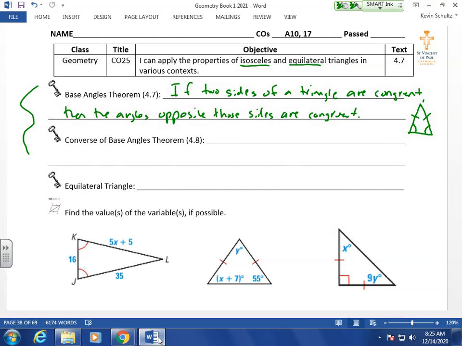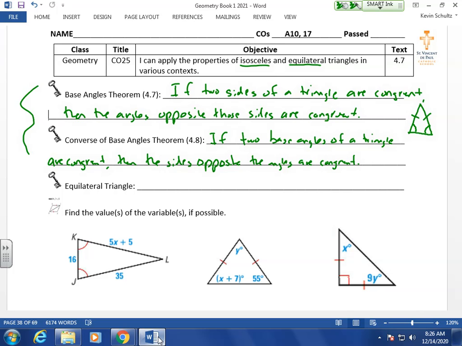Okay, so the converse of the base angles theorem, recognize that we have an if-then statement for the base angles theorem. The converse of that would be: if two base angles of a triangle are congruent, then the sides opposite the angles are congruent.